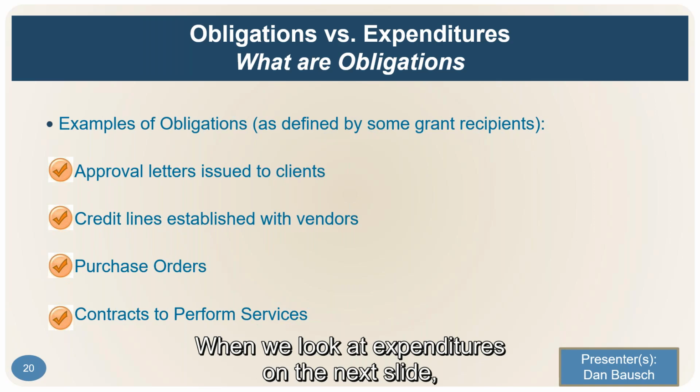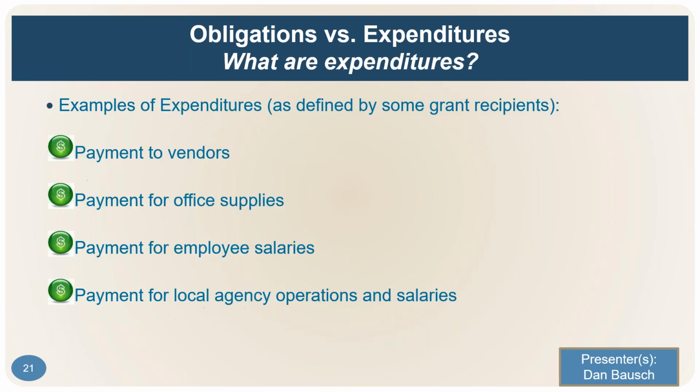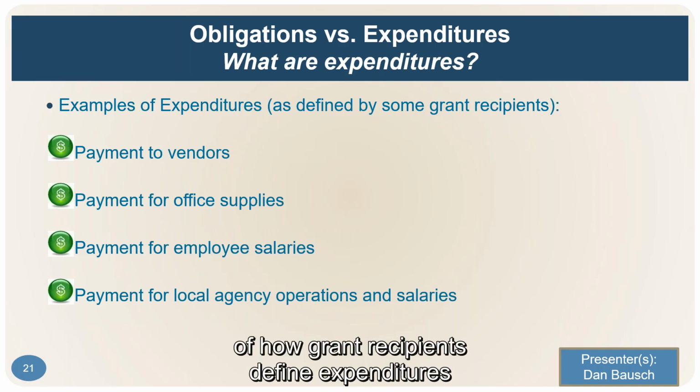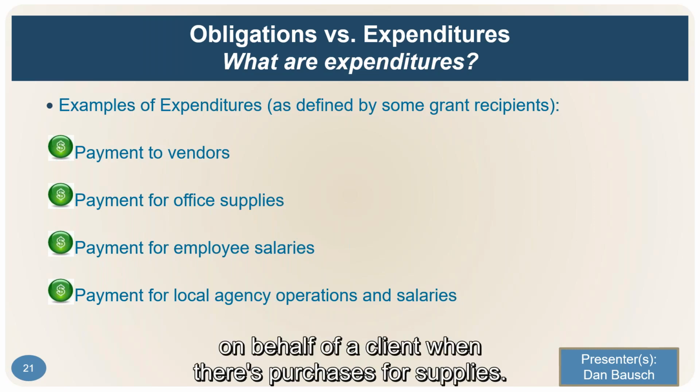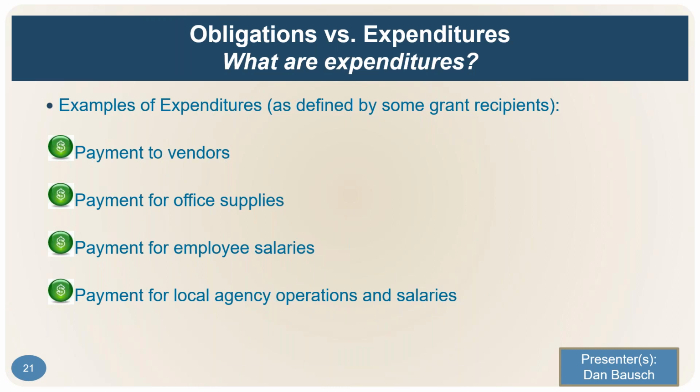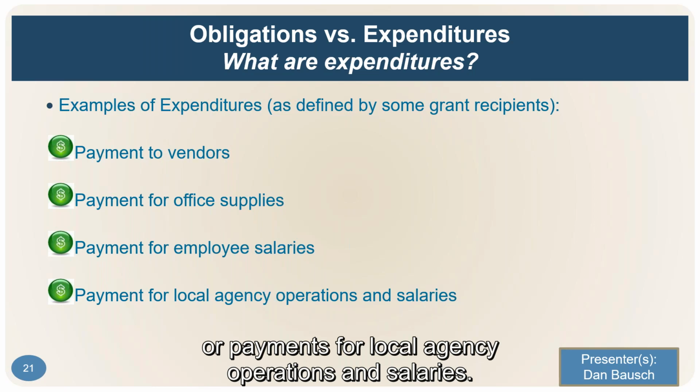When we look at expenditures on the next slide, some common examples of how grant recipients define expenditures are when a payment is made to a vendor on behalf of a client, when there's purchases for supplies or payments for salaries, or payments for local agency operations and salaries.